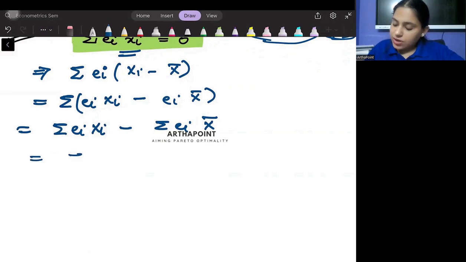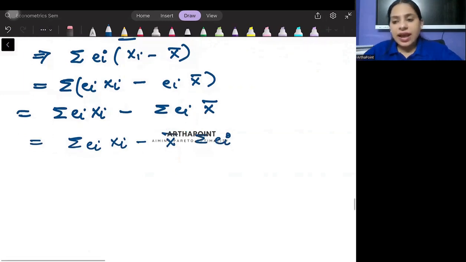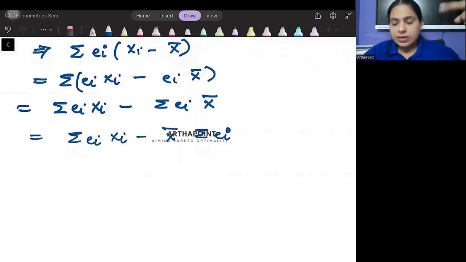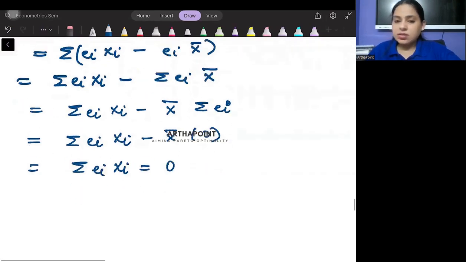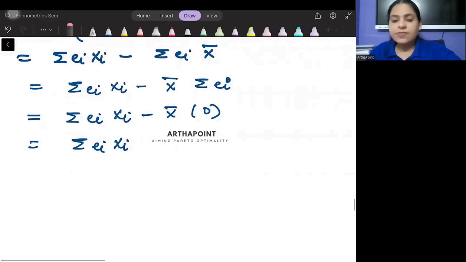So we can write this as summation ei xi minus x bar times summation ei. And we have already proved in the last video that the sum of the error term is assumed to be 0. So this will be summation ei xi minus x bar into 0, which is summation ei xi. This is what I will be getting.